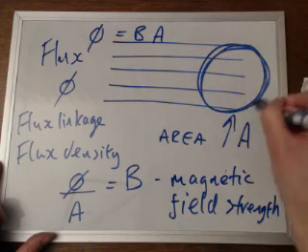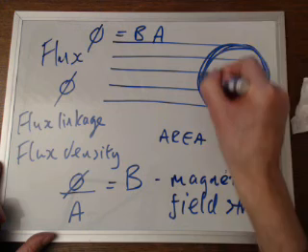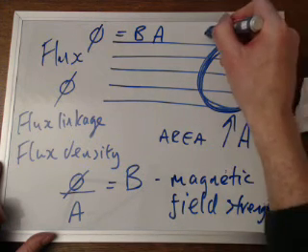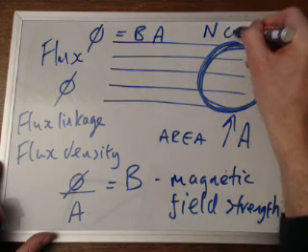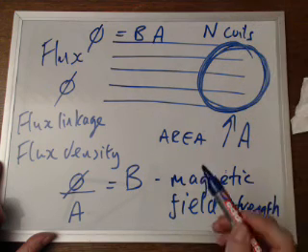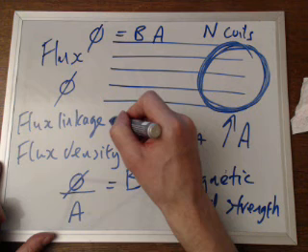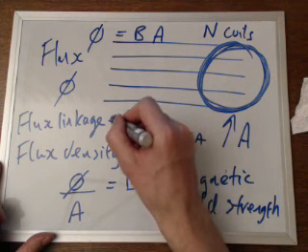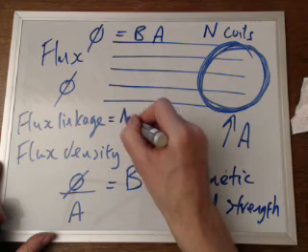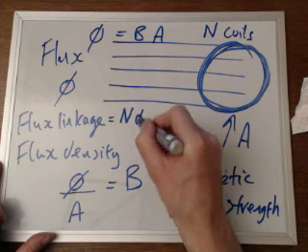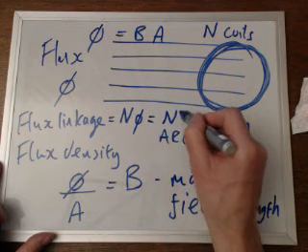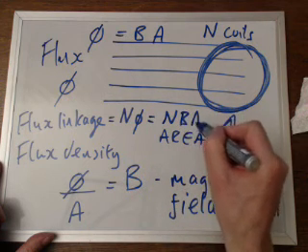That's far more useful for generating an EMF and electricity. So we've got lots and lots of coils there, and let's say we've got n coils there, and we find that flux linkage is equal to n times the flux, which could be thought of as NBA.